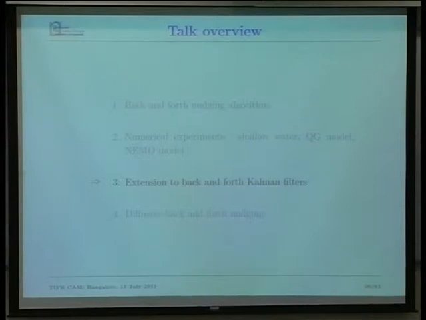So we can imagine that after doing a Kalman filter, at the end of the assimilation window, you go backwards in time, you use the backward model to forecast between 2 observation times. Once you have the observation, you use the Kalman filter to correct, and so on, back to the initial time. And so you can iterate.